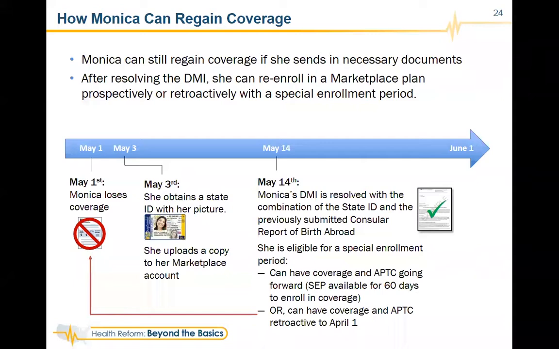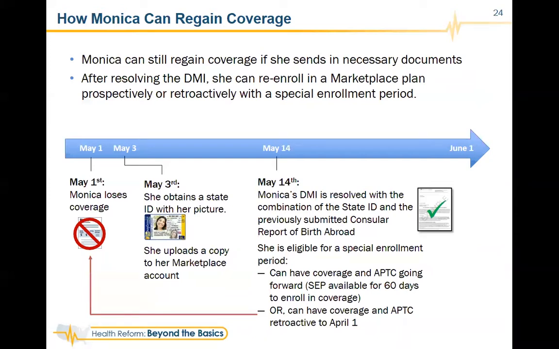We said earlier that if and when a consumer does satisfy this requirement, even if it's past the 95-day window for resolving the DMI, it can still happen, right? So in Monica's case, we'll say she went to the DMV, got the documentation she needed, and though she lost coverage, she was able to get a picture ID.